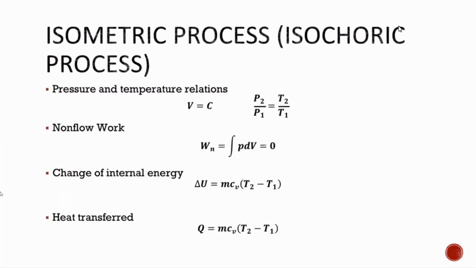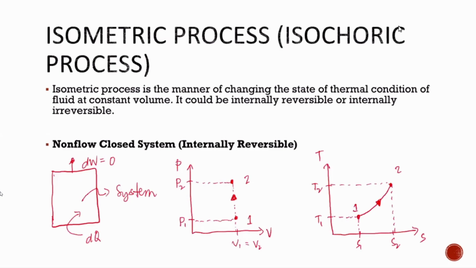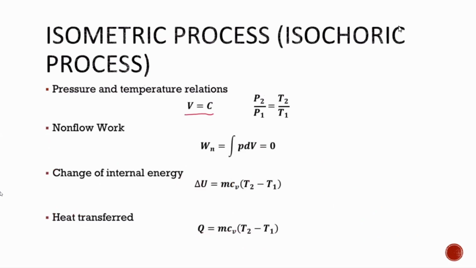Okay, so these are the state relations of our isometric process. We have the pressure and temperature relation. As said earlier, it is the manner of changing the state of thermal condition of fluid at constant volume. So volume is constant. What is the relationship?